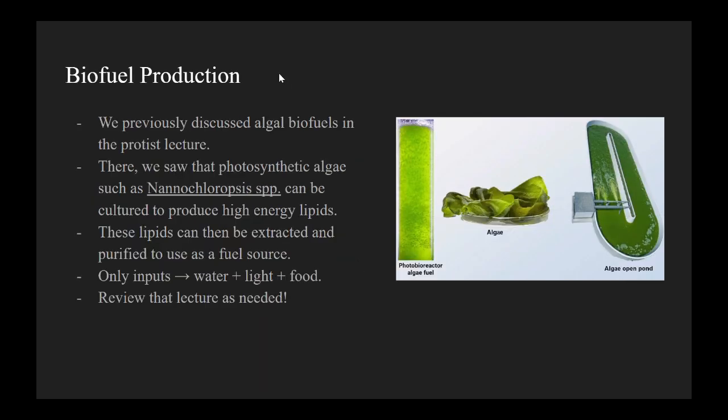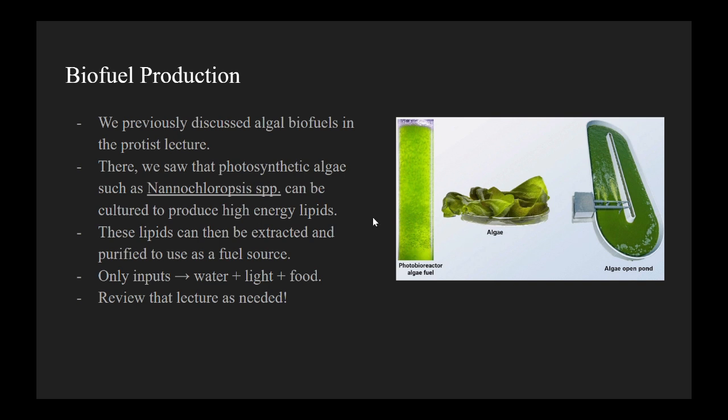Okay, biofuel production. We already talked about this in the protist lecture. There we saw that you can use photosynthetic algae, such as Nannochloropsis species. You can grow them either in bioreactors or in big raceway ponds.